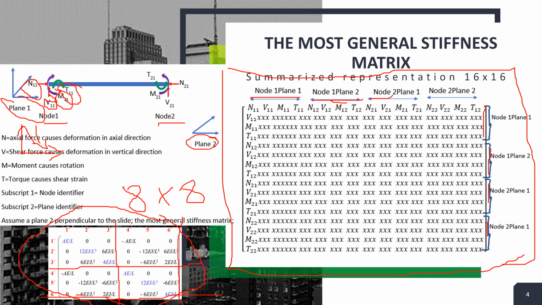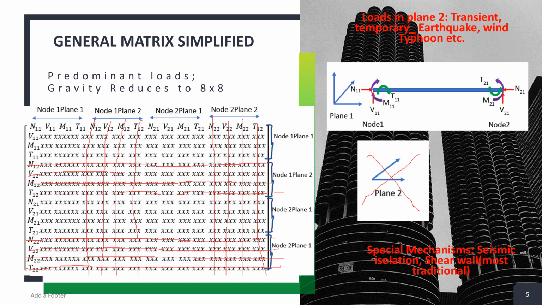The reason for this is most people, when they see this, they get confused, and sometimes they see a very large matrix and sometimes they see a shortened form, so they are not clear exactly what is happening. So this is a principle, this is how this usually is condensed. But the good news is that the loads that we are dealing with are predominantly gravity loads.